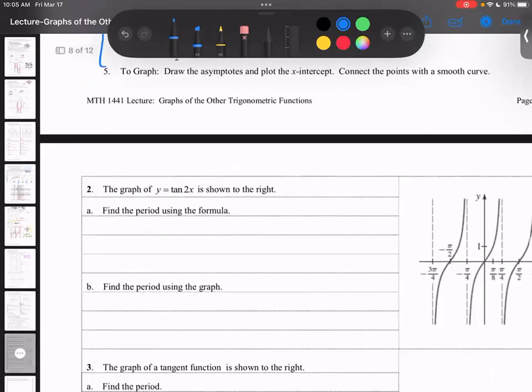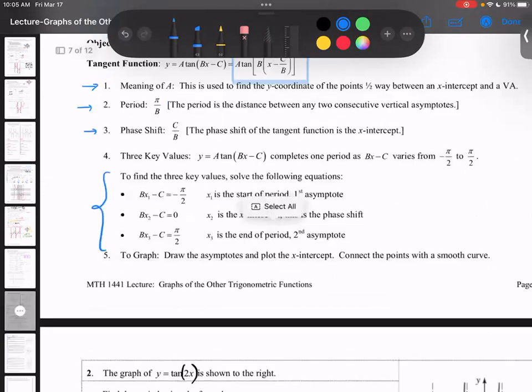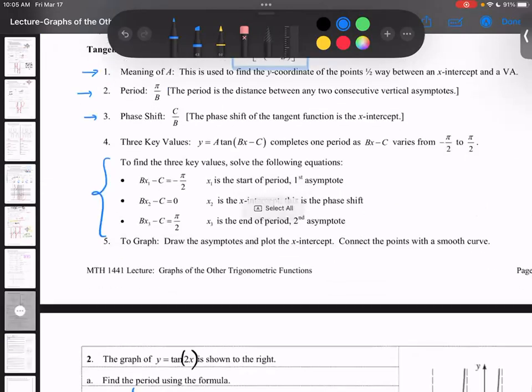All right, let's do this. Given y equals tangent of 2x, I have a habit of putting a parenthesis like that. So that means it's not multiplication, right? It's the input of tangent. Find the period using the formula. Remember, period is pi over b.